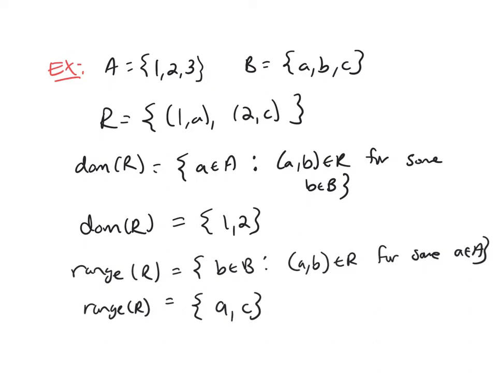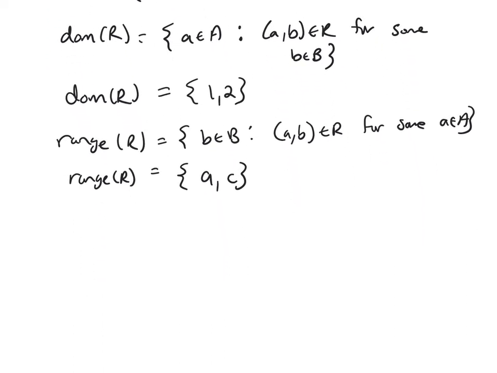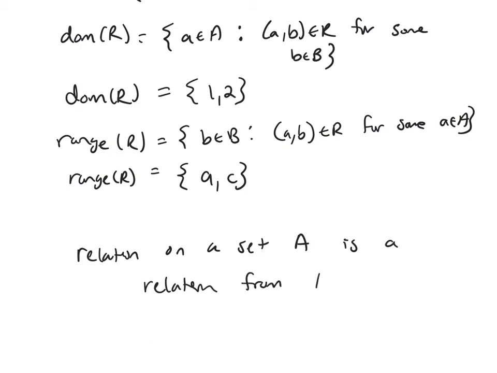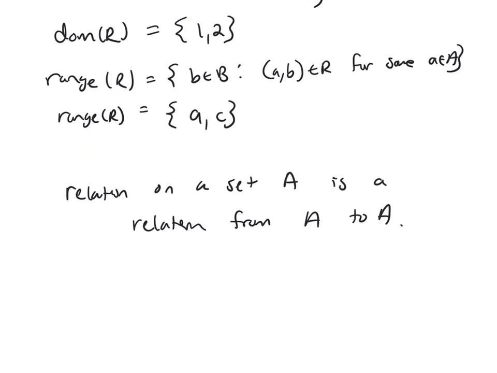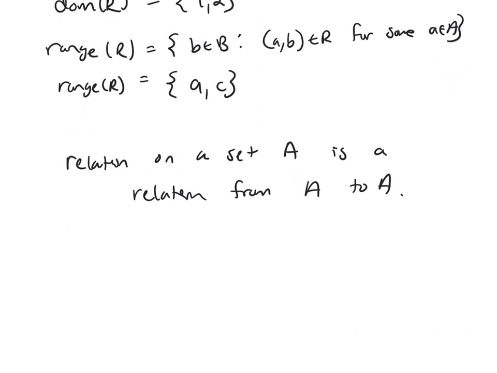Okay, and then from here we talked about a relation on a set A. Here you're only working with one set, so it's a relation from A to A. We also discussed the inverse relation.